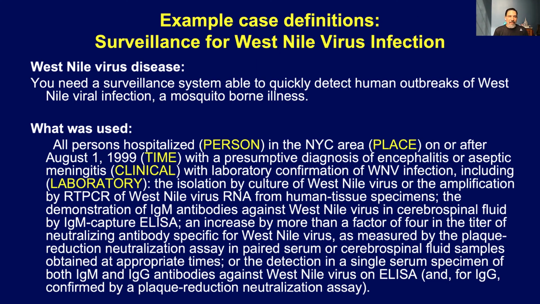In the case of West Nile virus disease, the goals of the surveillance system are to quickly detect human outbreaks of West Nile viral infection, which is a mosquito-borne illness. And you can see the case definition that was used during the outbreak here in 1999. We're going to go into this case study in more detail later on. But it did specify information on the person, place, time, clinical, and laboratory as well.